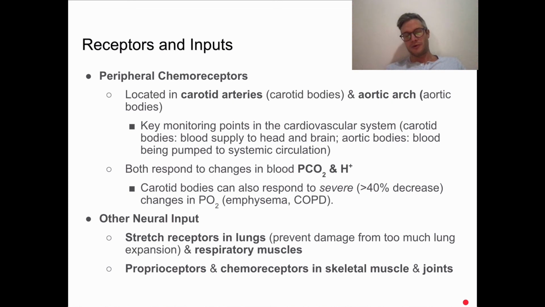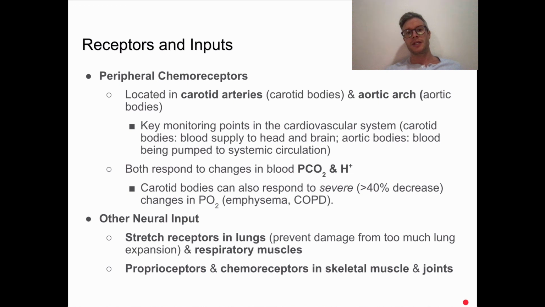Or just to review what we went over, we have central and peripheral chemoreceptors, and our central drivers of ventilation typically have to do with our brain, but also our cerebral spinal fluid.